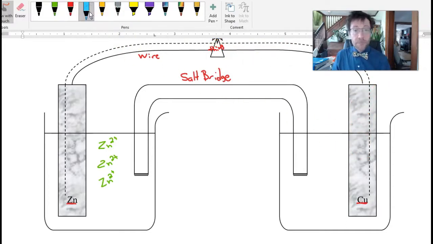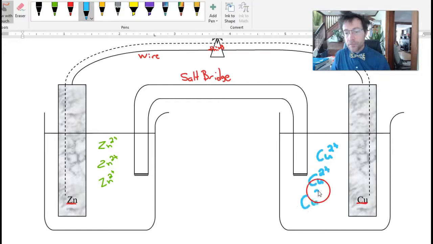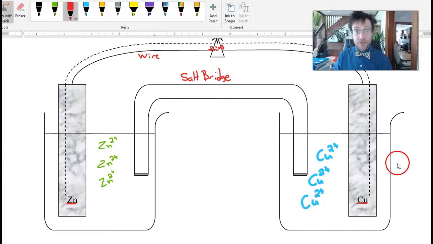Now, over here, I'm going to need a bunch of copper ions in here. You got it? So we have two half cells, so we have the whole thing.